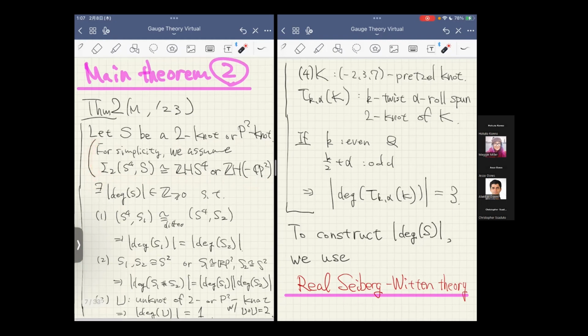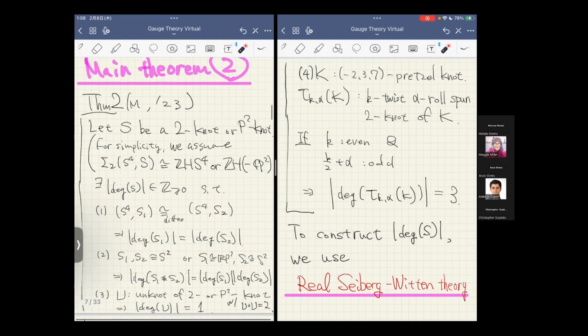Then we have a non-negative integer valued invariant such that it has the following 4 properties. Firstly, it is a pairwise diffeomorphism invariant. So if two 2-knots or RP2-knots are pairwise diffeomorphic, then our invariant coincides.